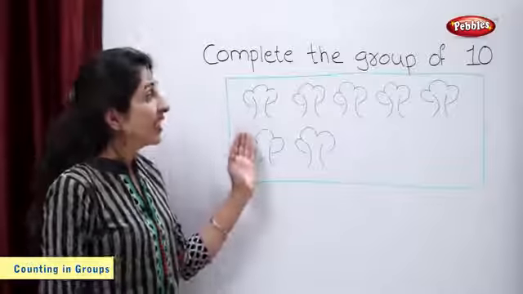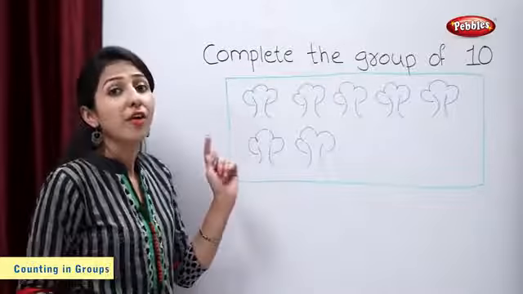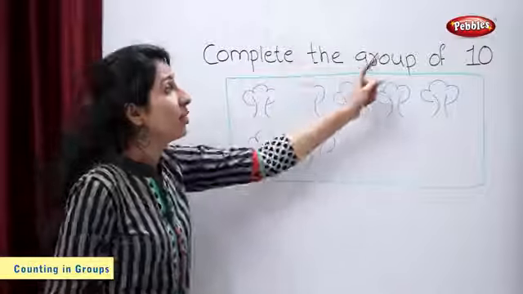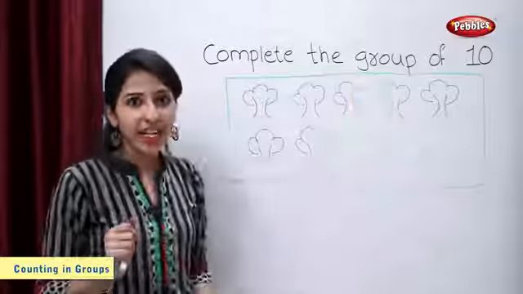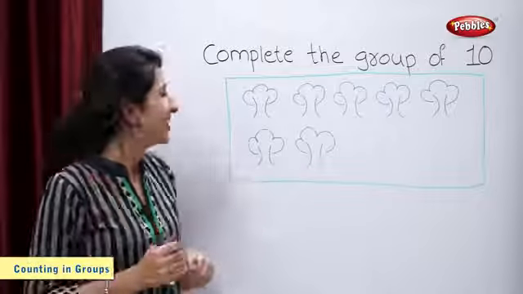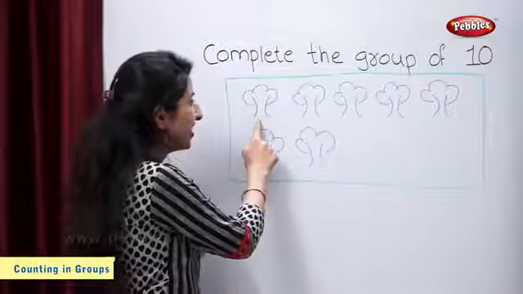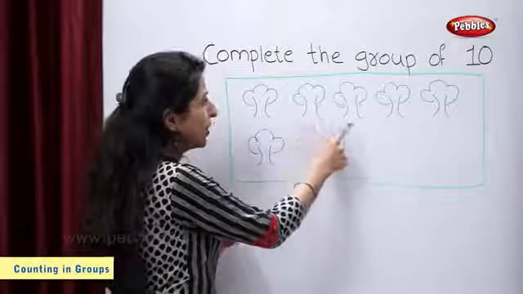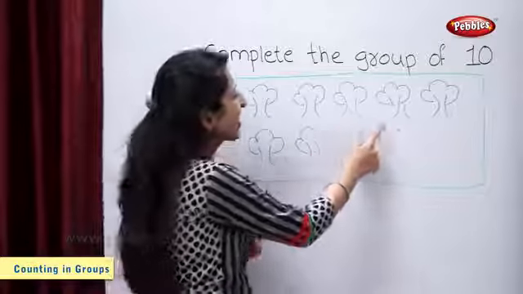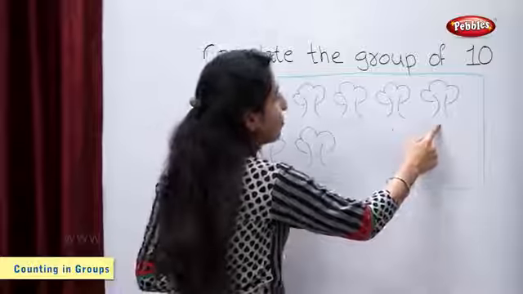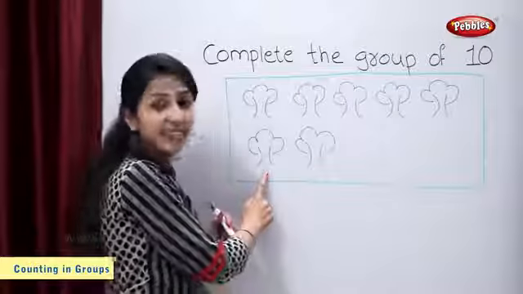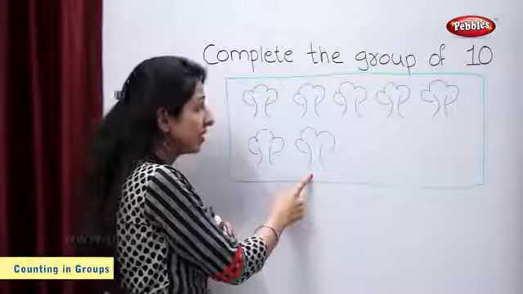There are some trees on the board. We have to complete the group of 10. So let's count number of trees. 1, 2, 3, 4, 5, 6 and 7.